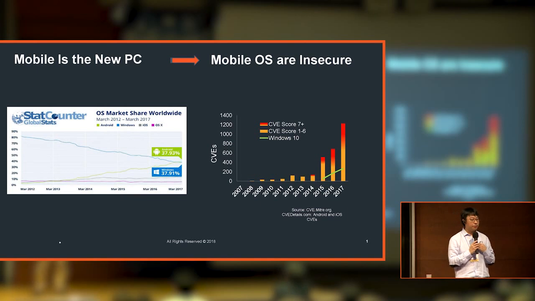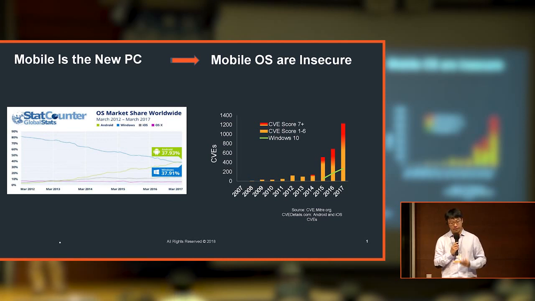And in fact, the Zimperium research team actually contributes to many of these research and findings to improve mobile security. So, really the picture tells us that mobile devices are important. We're using them more and more. At the same time, the security on the device is actually not very secure.